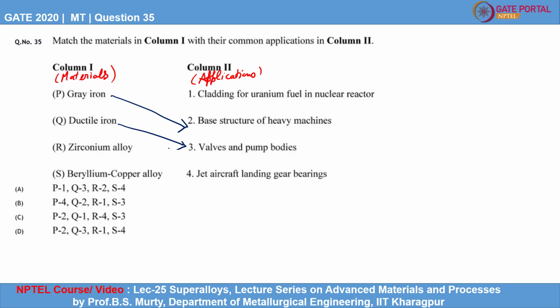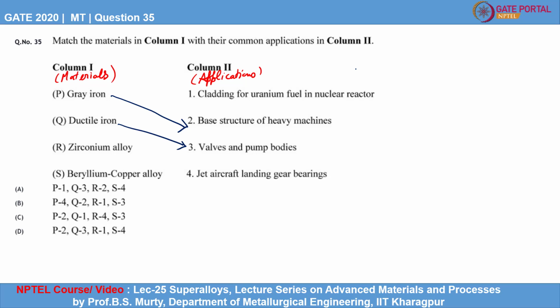Now if you look at application 1, that is cladding for uranium fuel in nuclear reactor. What are the material requirements for the cladding for a nuclear fuel? The first requirement is that it should have a low capture cross section to thermal neutrons. That is the first requirement. And it should also possess good corrosion resistance.